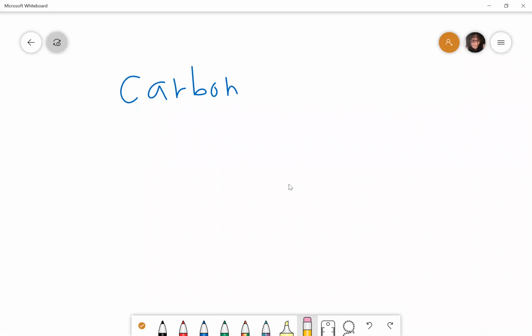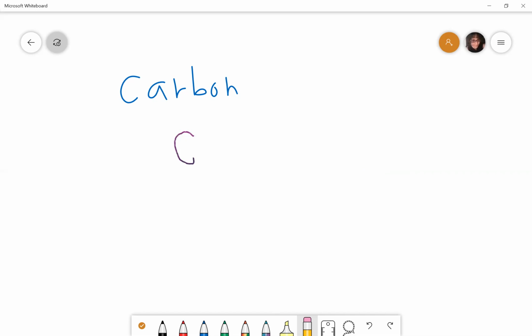So carbon, we know, is symbol C. And we know that for any element X, it will have an atomic mass and an atomic number, in that form A and Z, just like what I had previously shown you in one of our tutorials.